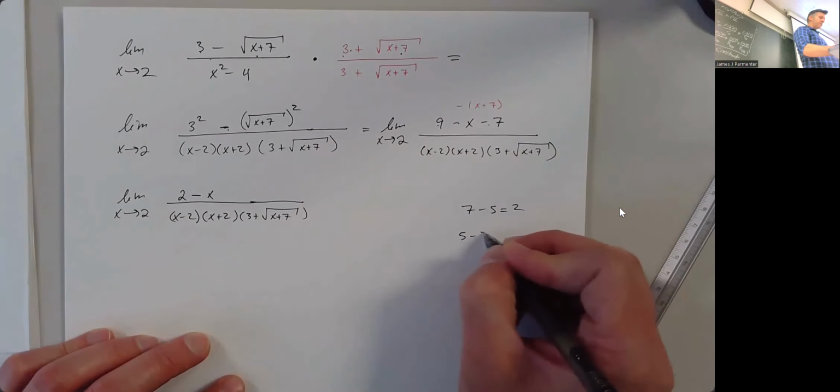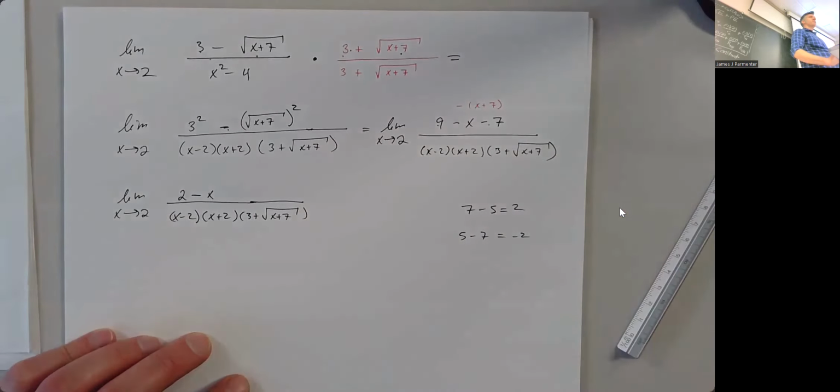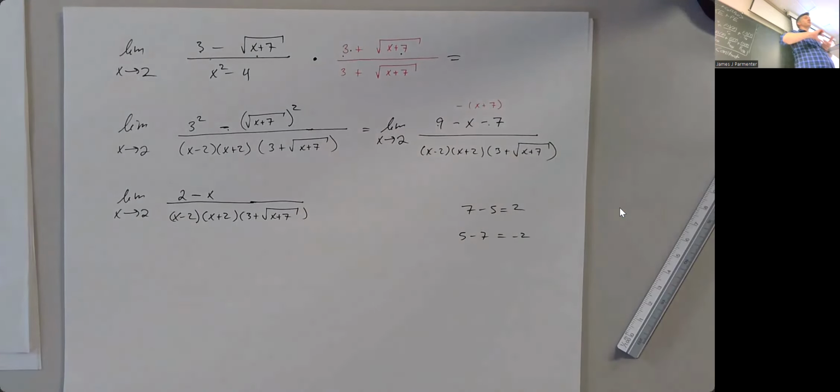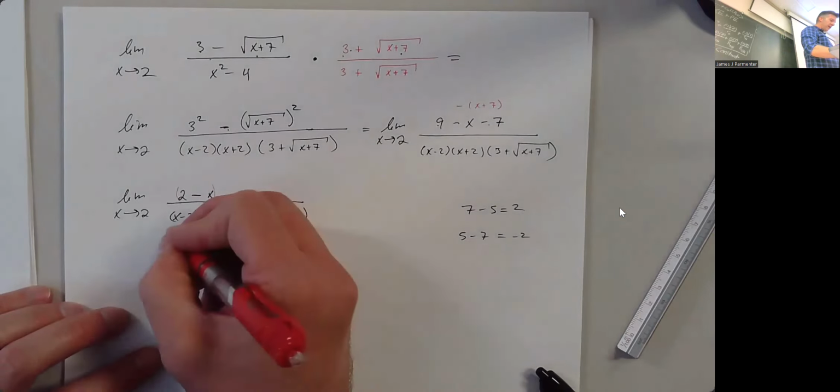What's 5 minus 7? What do you get when you divide those by each other? What's 2 divided by negative 2? Right, negative 1. So whenever you have things subtracted in the opposite order divided by each other, you're going to get negative 1. So the shortcut way of doing this is just saying, oh, these divide out and leave me with a negative 1.